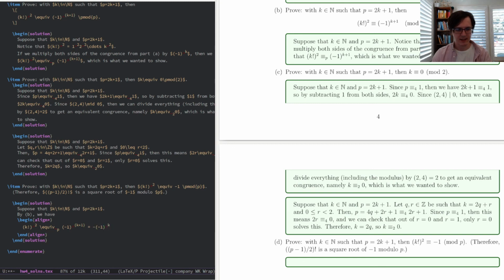By C, k is even, so minus 1 to the k is 1. Hence, k factorial squared is equivalent mod p to minus 1, which is what we wanted to show.